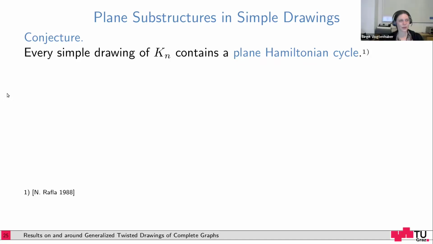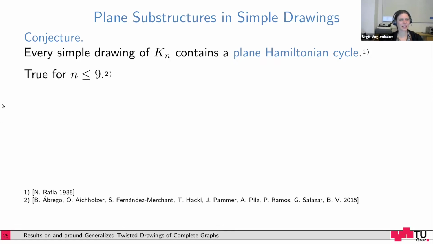So the last part that I promised in my abstract are plane substructures in simple drawings, and especially conjectures on Hamiltonian cycles and Hamiltonian paths. It's conjectured that every simple drawing contains a plane Hamiltonian cycle. That was already conjectured by Rafla in 1998.